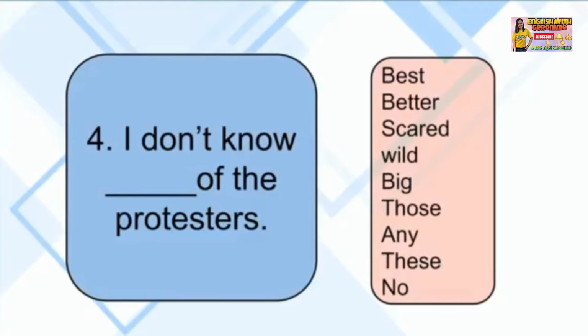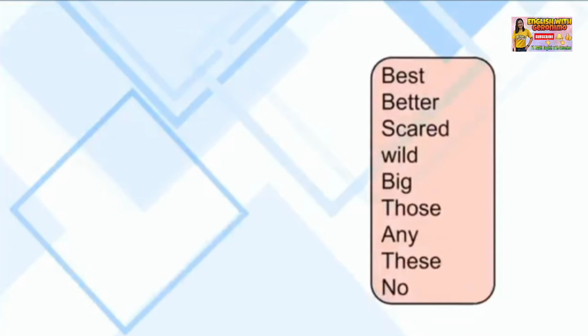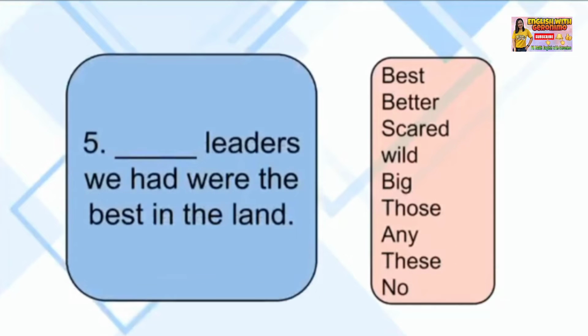I don't know blank of the protesters. Correct answer is any. Number 5. Blank leaders we had were the best in the land. Correct answer is those. If your answers are all correct, then you are ready for some more activities.